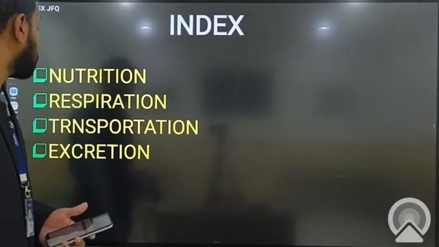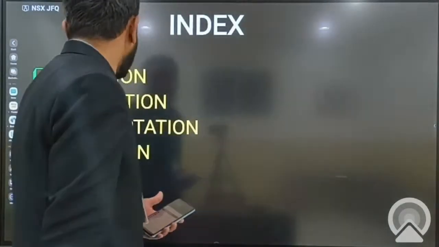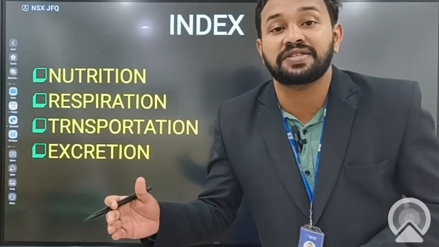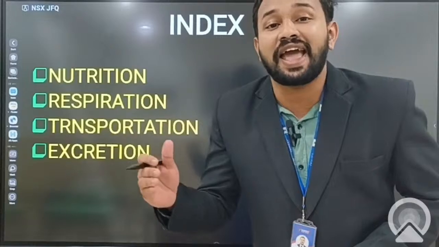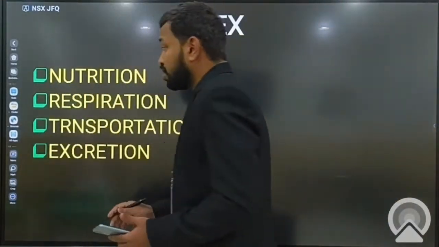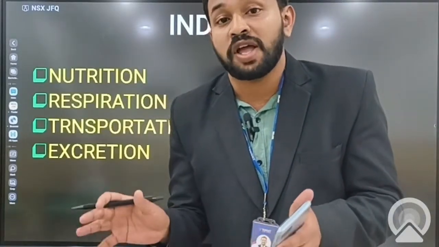In transportation, we discuss the human circulatory system and transportation in plants. Finally, in excretion, we discuss the human excretory system and the excretory products formed in plants. In this section, we are mainly focusing on the top 10 questions from this chapter.